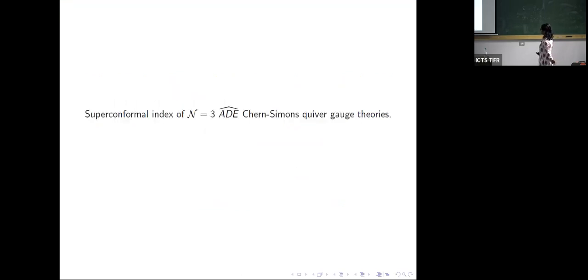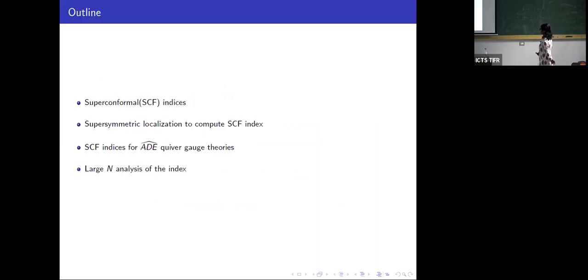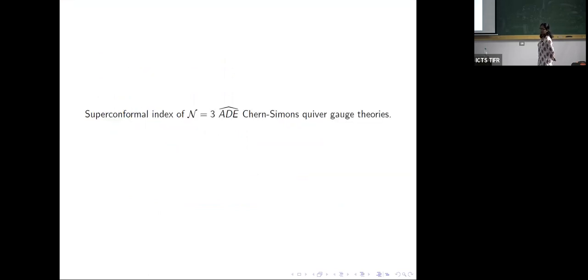Okay. Now we can come to the computation of superconformal index in these theories. There are superconformal theories with SO(N) and Sp(N) groups, those kind of gauge groups.